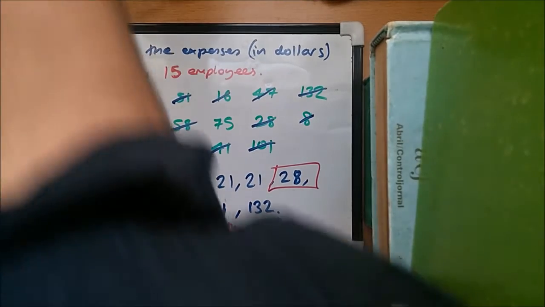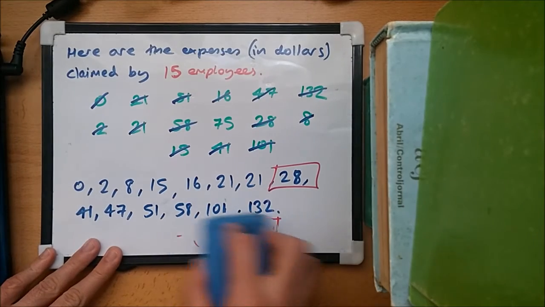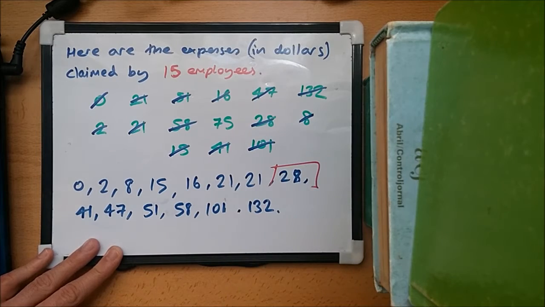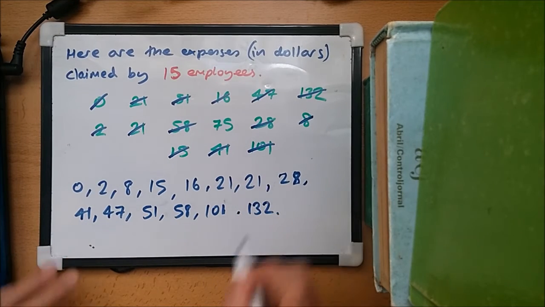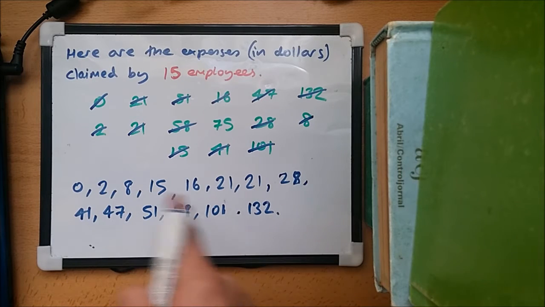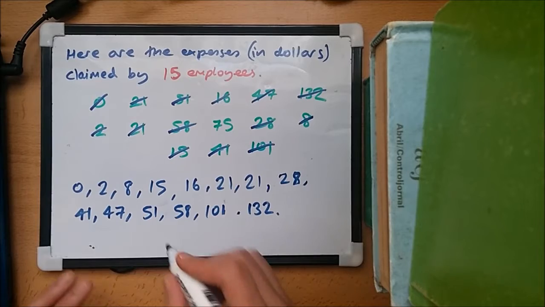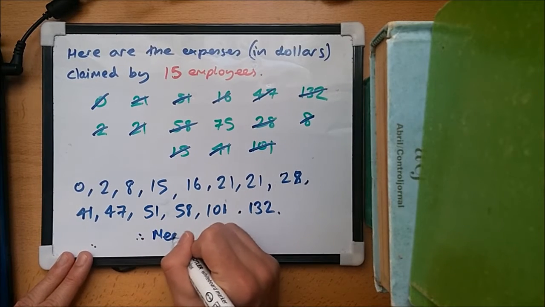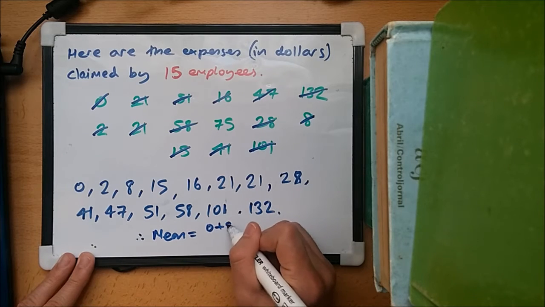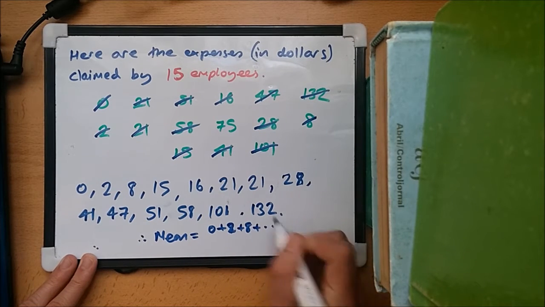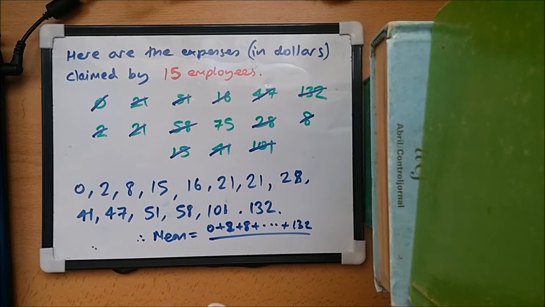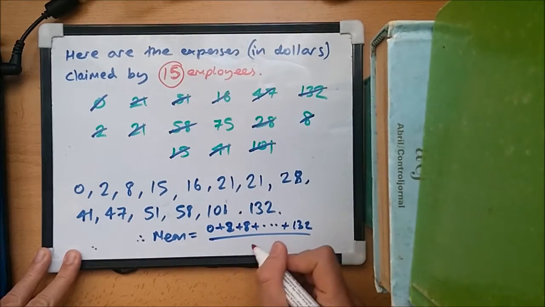Now that we've calculated the median, let's calculate the mean. What is the mean in this case? Well, the mean is calculated when you add up all the numbers and divide by the amount of numbers there are. So we write that the mean is 0 plus 2 plus 8 plus 15, and so on, all the way up to plus 132, and we divide by the total sample size, which is 15.